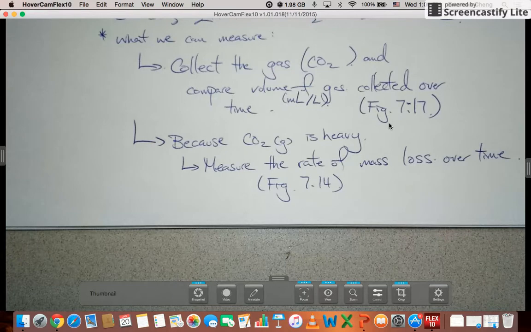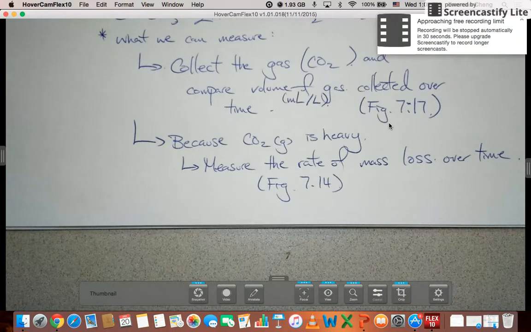Then when you put the marble in, you start the timer, and as time goes on, you notice the mass of the whole flask goes down because the carbon dioxide gas escaped to the atmosphere. So the change in mass of both hydrochloric acid plus marble chip, plus the Erlenmeyer flask in that diagram, and the cotton that's plugging it.